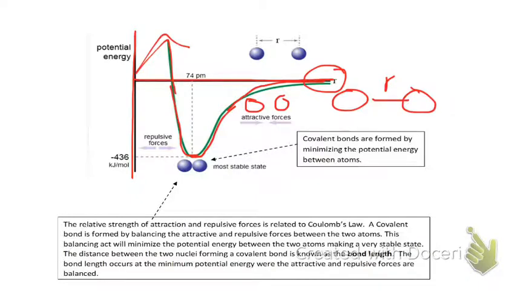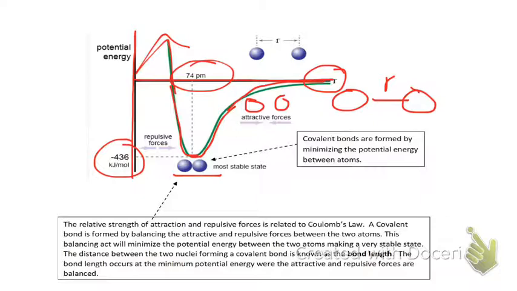And as the radius shrinks, so these two atoms get closer and closer together, the potential energy goes down, and we're beginning to form a better, more stable covalent bond, until we get to the minimal amount of energy, which is recognized here. So the distance, or the radii, that's perfect between these two nuclei to give us the best covalent bond is about 74 picometers, which gives us the negative 436 kilojoules of energy at the minimum.